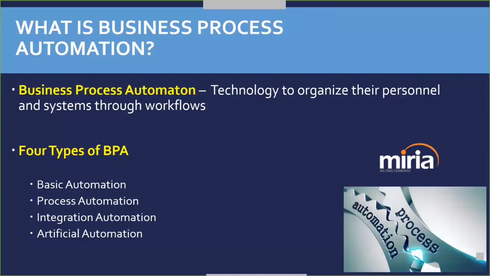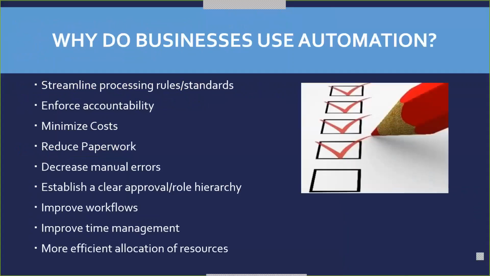And then, of course, the next one is your integration approach, where you might need to enter some information into multiple systems. And then the big buzzword that's being talked about a lot today is in the area of artificial intelligence, or automation. So we'll get into some of that and some of the processes related to these four types of BPAs.